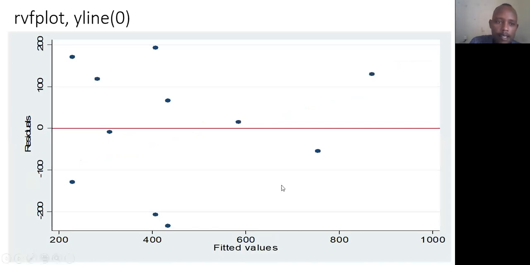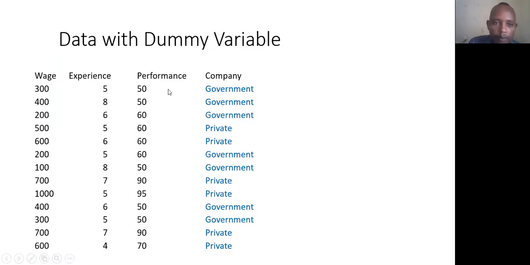And it tells us how many observations are below and above the residuals at 0 residuals. Some observations may be above the regression line. Some observations may be below the regression line. Therefore, this shows us such relationships.